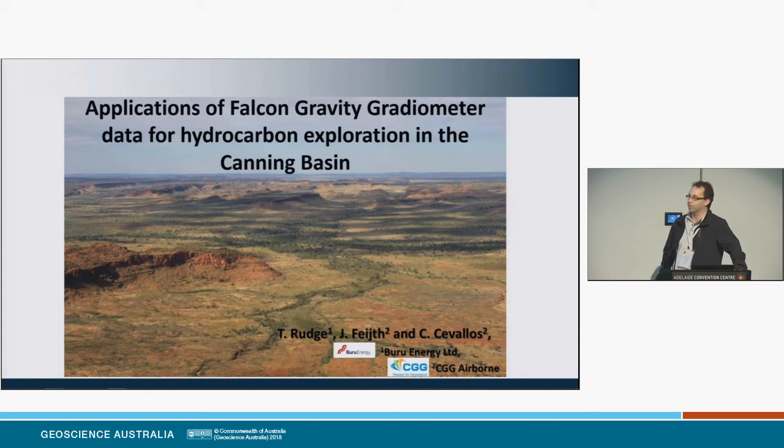I came across this airborne gravity technique, and it's like, well, maybe this might work. In the Canning, and I'll show you in just a minute, we've got some really interesting carbonate reef build-ups, and a lot of those have been dolomitised. Above these dolomite reefs, there's a nice package of silts and sands, and you get a nice density contrast at the top of these carbonate reefs and dolomitised reefs. I was like, well, yep, this might work.